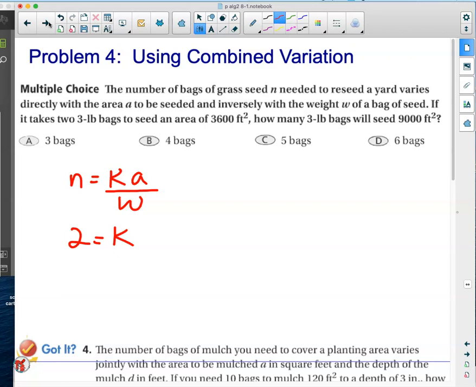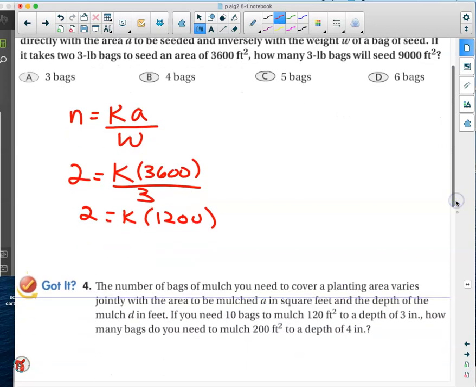A is the area to be seeded. They told us that was 3,600. W is the weight of the bag of seed. Well, the weight was 3 pounds. Hey, 3,600 is divisible by 3. That's 1,200. And now if we just divide both sides by 1,200, we can figure out what K is.